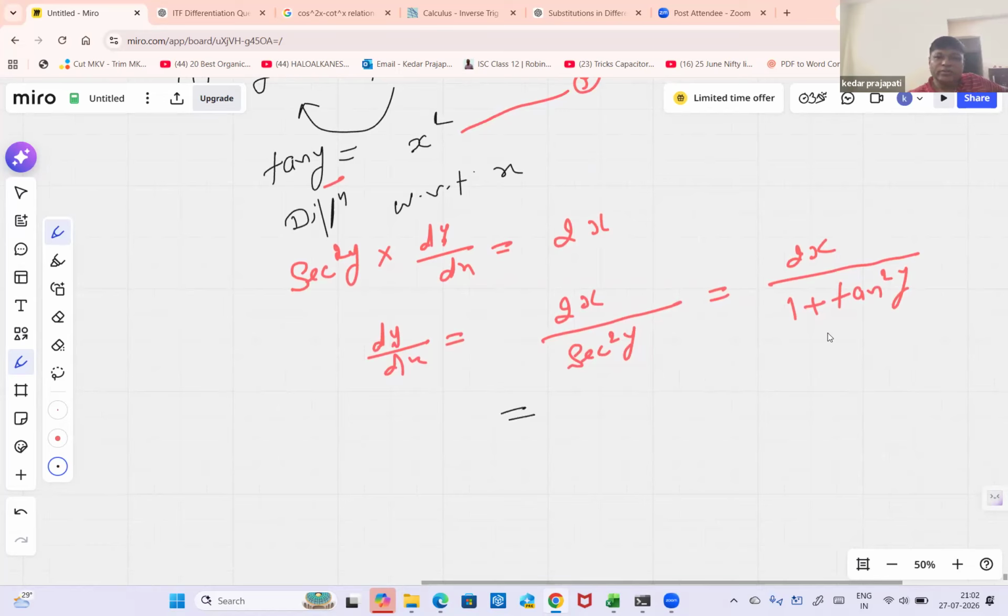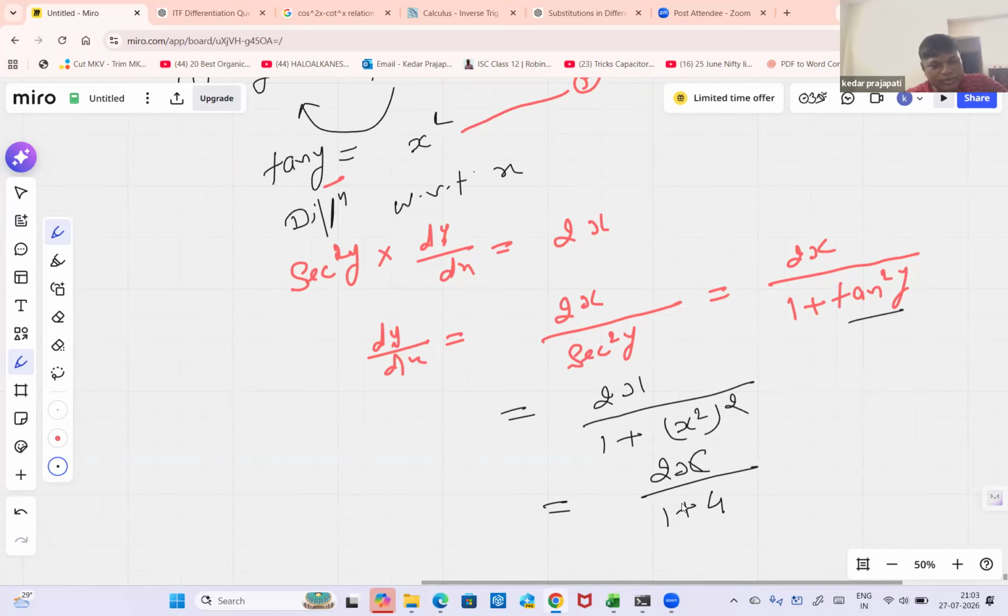So in place of tan y, keep x square. 2x divided by 1 plus tan square y, so 1 plus x to the power 4.